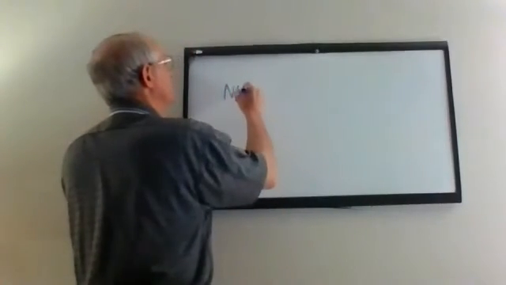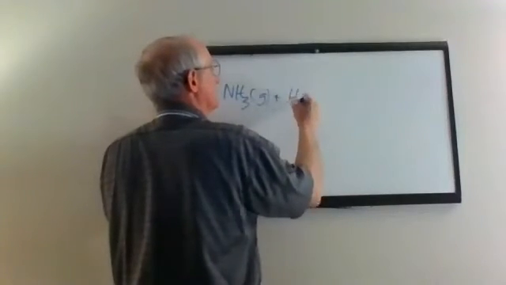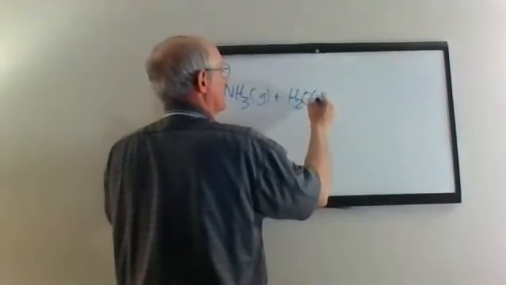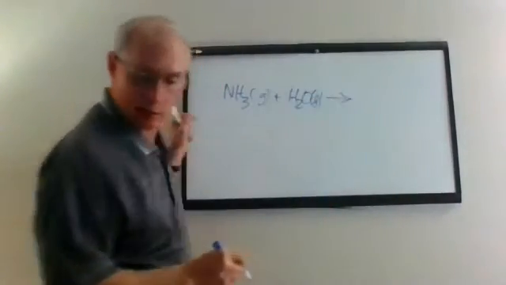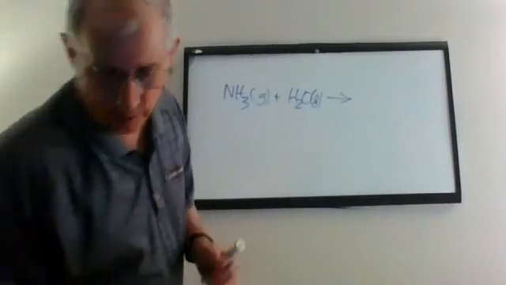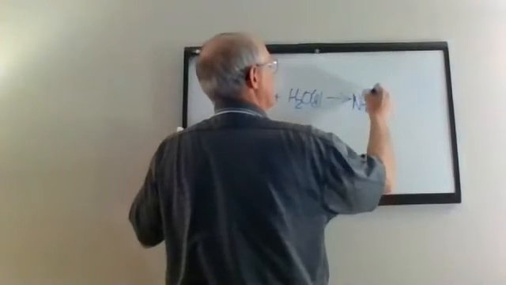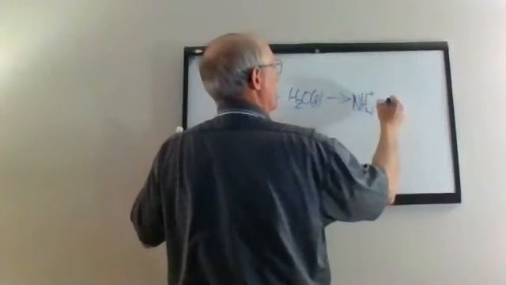Ammonia plus liquid water, and it's in equilibrium, so it's a two-way equation, gives NH4 aqueous.